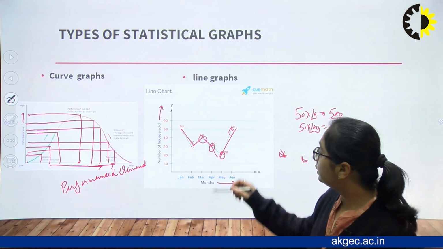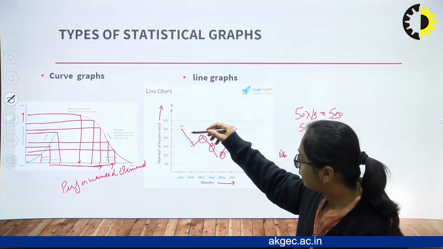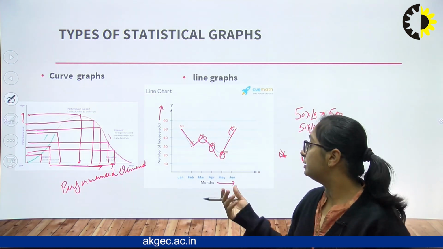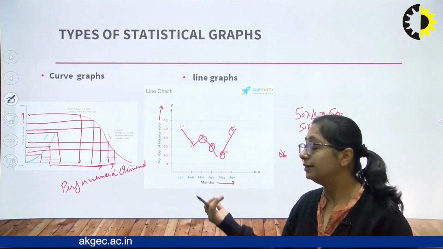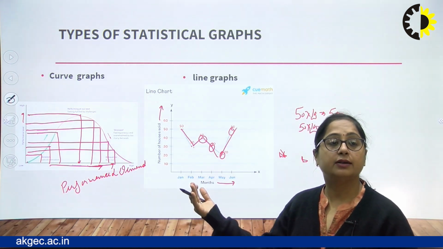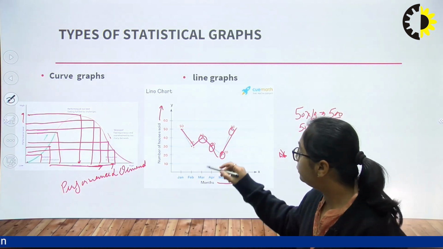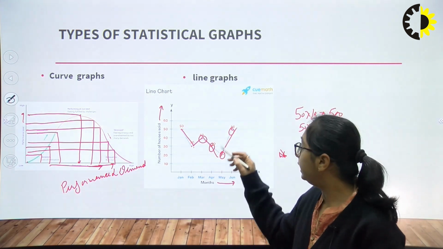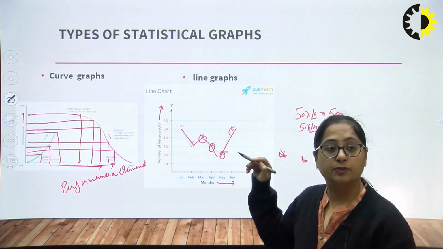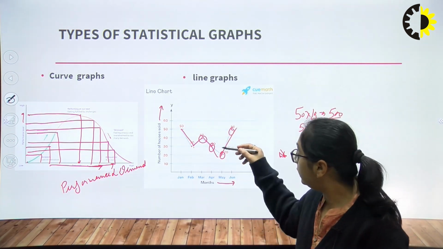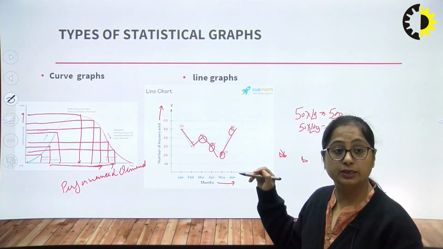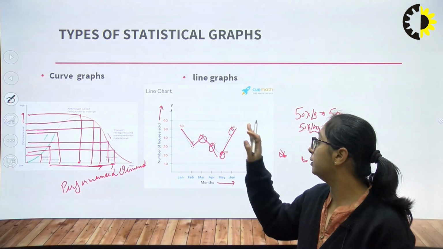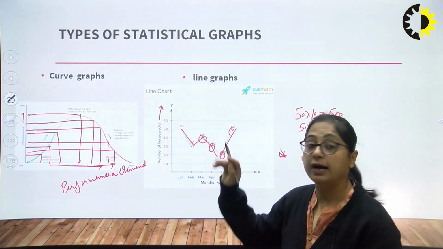Based on that, the company will analyze that from January to February the number of sales drastically decreases, from 500 to 300 only. From February to March the number of sales increases, which is good for the company. Then in April the performance is again degraded, and in May it is also degraded, but at the end of June the company recovers to its highest value.